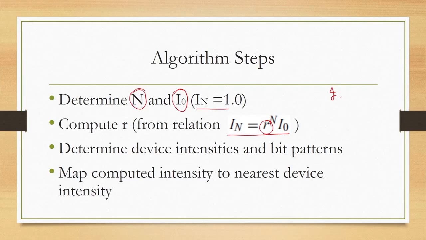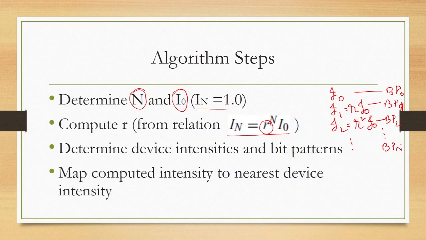So, we know I 0, then we calculate I 1 to be R I 0, I 2 to be R square I 0 and so on. And for each of these computed values, we keep a bit pattern. So, this is our table, up to bit pattern for the maximum value.